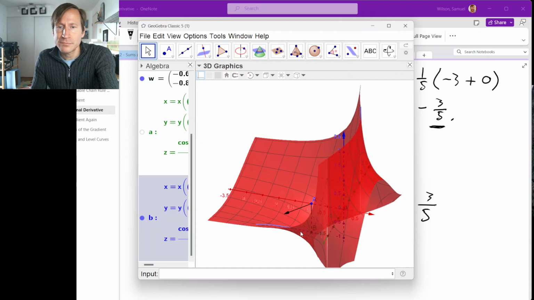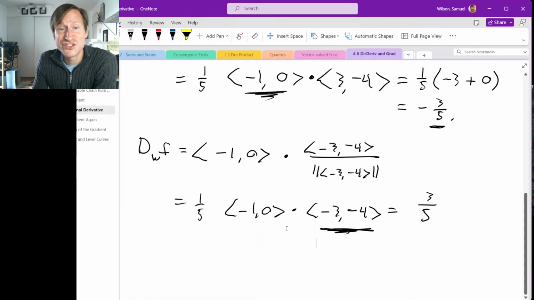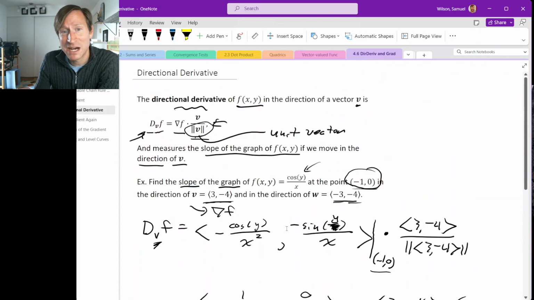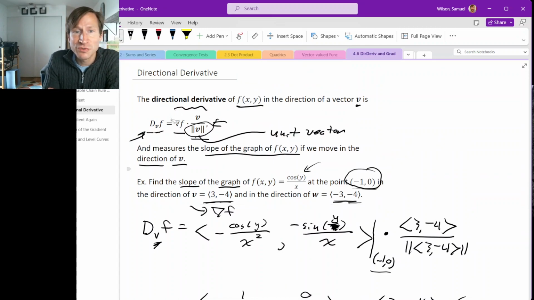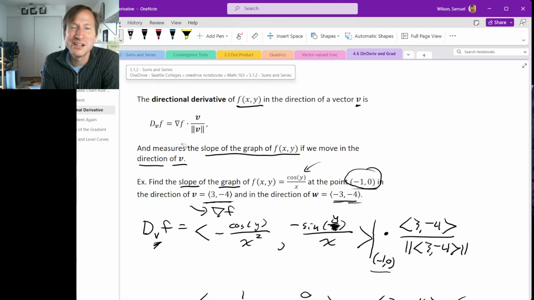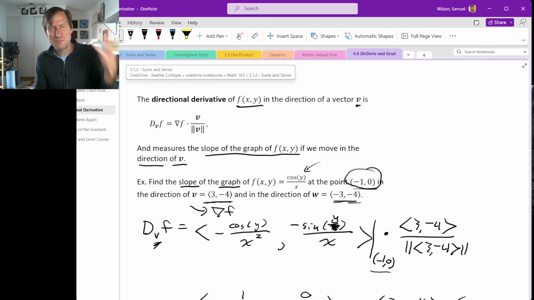Okay. So if we want to know just geometric information about a graph, we can calculate a directional derivative, which looks a lot like that dot product form of the chain rule, except we're dividing our vector by its own magnitude so that we're getting pure geometric information instead of mixing together geometric information about the graph and speed information about how we move across the graph, right?